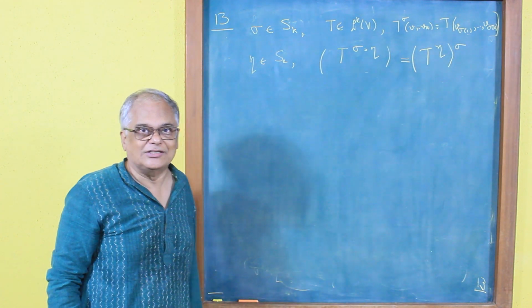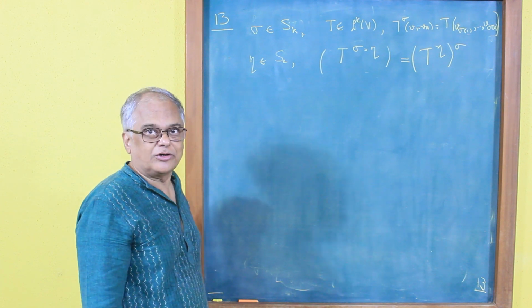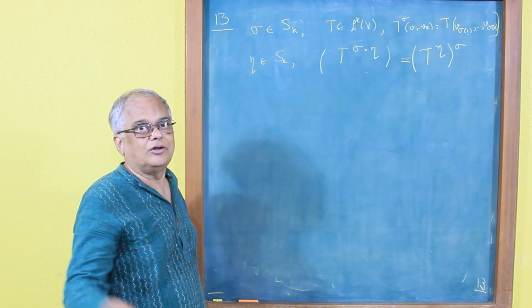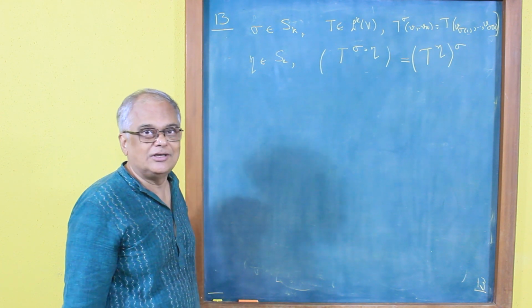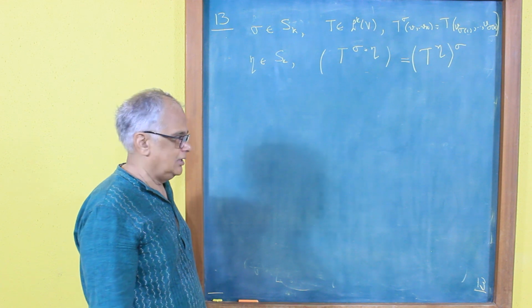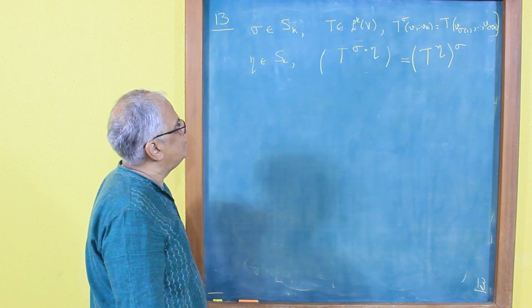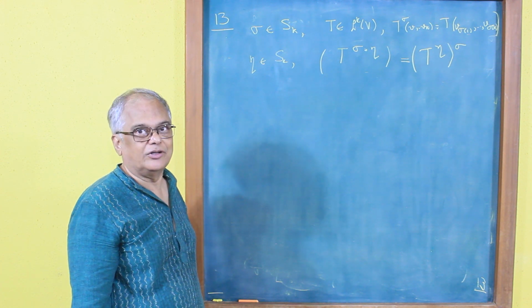The order is reversed. So this reversing order is something that is very important out here. Okay? And you're going to see this over and over again in different contexts, especially when you're talking about representation theory, and also in commutative algebra. So this is the property that we want for this upper sigma.